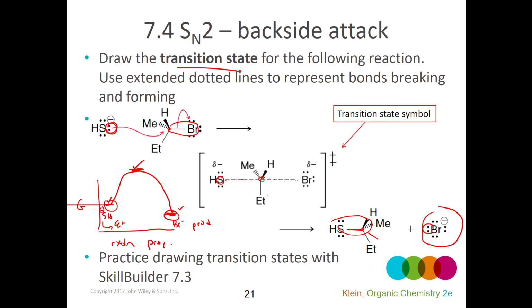However, if we look at the sulfur and the bromine, we see something a little bit different. We see that the sulfur starts off with a negative and ends up with 0 formal charge. So transitioning between a -1 and a 0 is somewhere between -1 and 0. So any atom whose charge is changing during the collision will have some quantity of a partial charge, usually a fraction of a charge between the two different states that it exists in before and after the reaction.